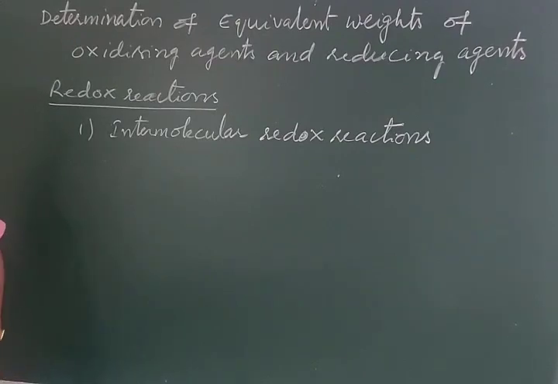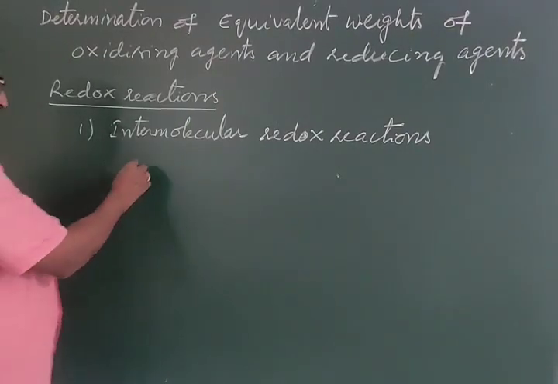Such kind of redox reactions are said to be the intermolecular redox reactions. In intermolecular redox reactions, one element of a substance undergoes oxidation, another element of another substance undergoes reduction.